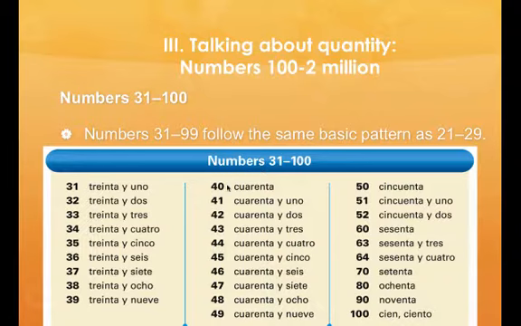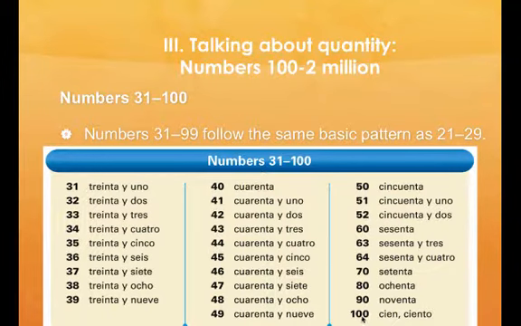Same with 40: 40, 41, 42, 43, 44, etc. And of course with 50, we see that that's the same pattern. So we have 50, 60, 70, 80, 90, 100, or we can use ciento. So we'll see that in just a second.